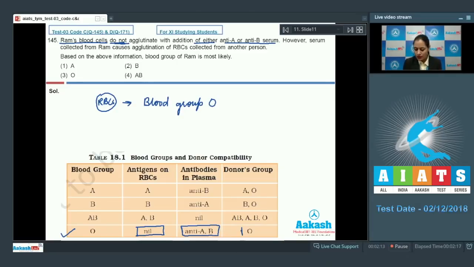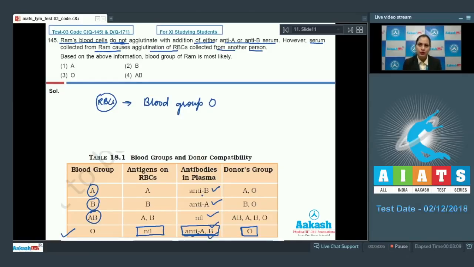So it's also known as universal donor and it can donate its blood to any other person. In the next line it is said that serum collected from Ram causes agglutination of RBCs collected from another person. And this would be in the case of other blood groups like A blood group, B blood group or AB blood group, because the serum from O blood group has both anti-A as well as anti-B antibodies.